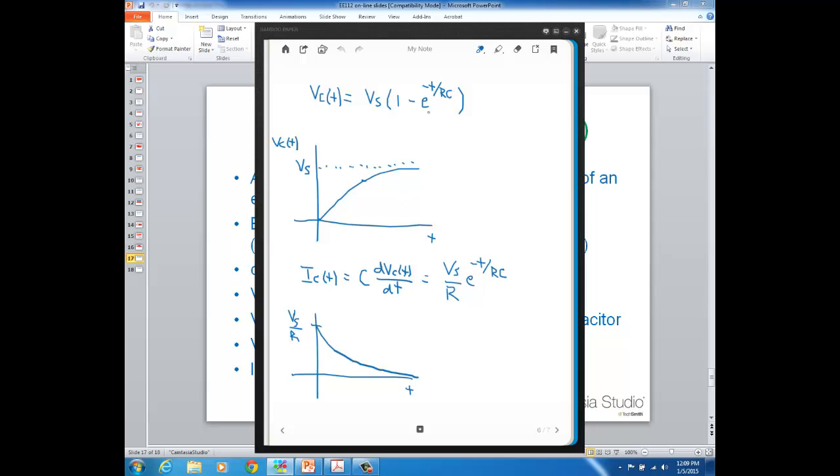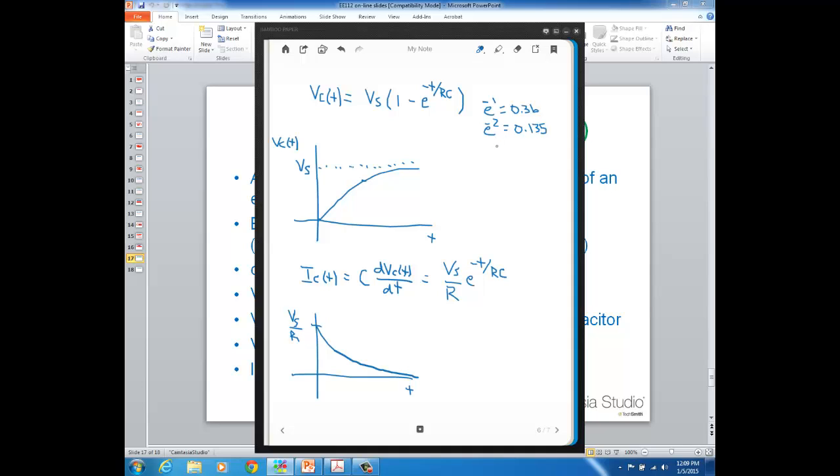If you remember from your math, e to the minus 1 is approximately 0.36. e to the minus 2 is approximately 0.135.